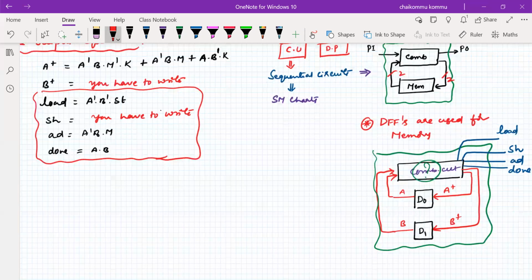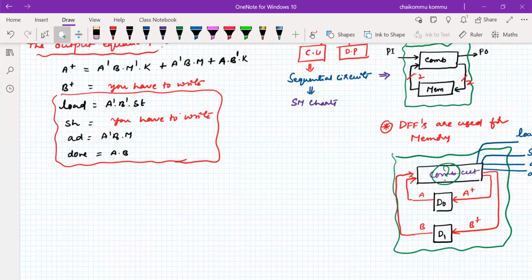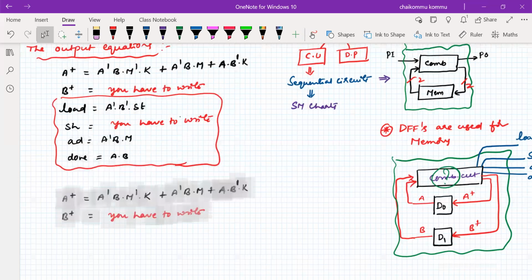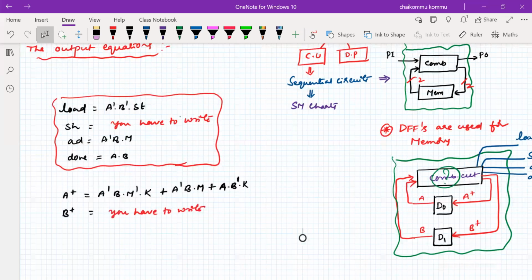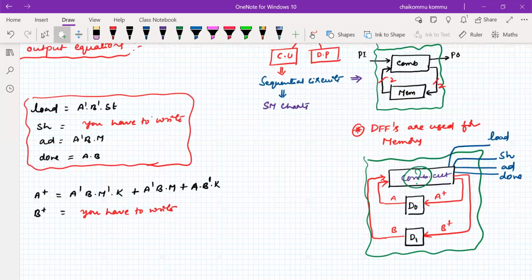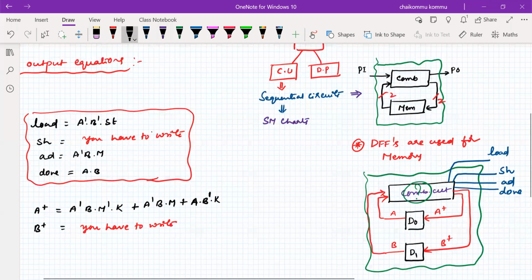Okay, and these two are required for the combinational block and memory. So taking the inputs A and B and K, of course one more input is there here. What is the input for this one? Anybody? A and B is one input, and what other inputs do we have?